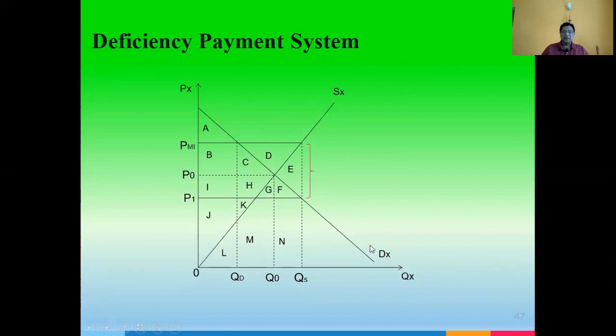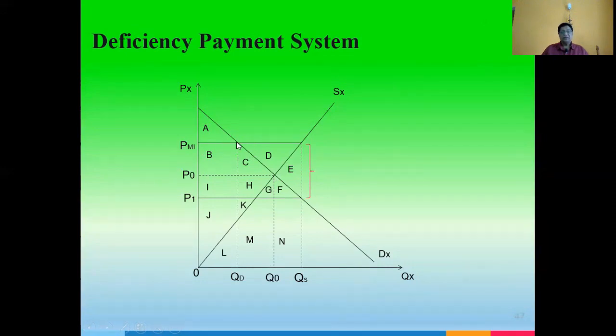This is the initial demand curve, this is the initial supply curve, this is the initial equilibrium price P0, initial equilibrium quantity Q0. Consumer surplus is given by the area of A, B, C. Producer surplus is given by the area of J, K, I, H. Now suppose that government imposes a minimum price of PMI above the equilibrium price.